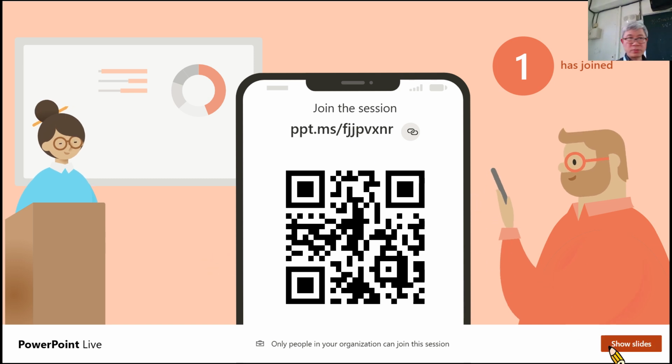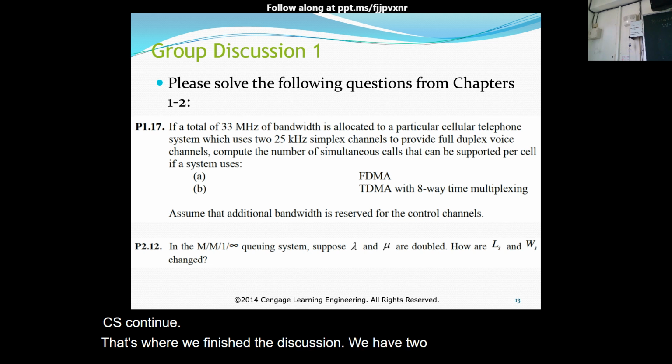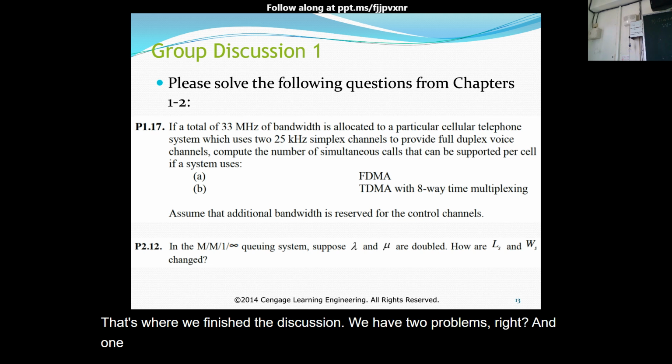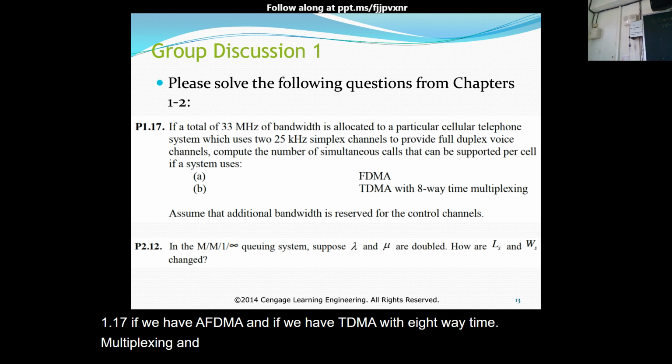So let us continue. That's why we finished the discussion. We have 2 problems, right? In problem 1.17, we have FDMA and TDMA with 8-way time multiplexing, and we are asked for the number of simultaneous codes.